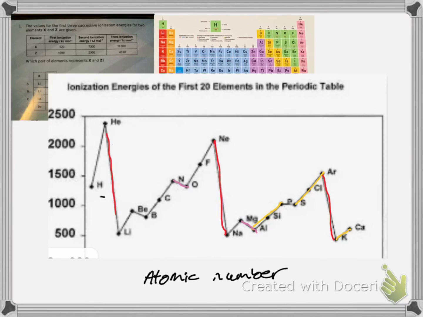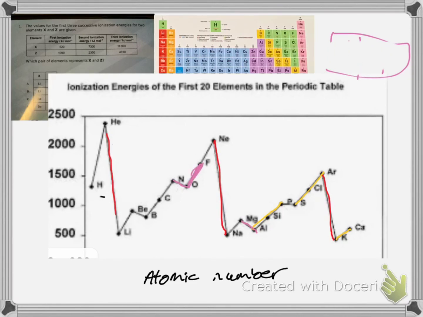Why this happens is that one of the 2p orbitals, one of the orbitals right here, gains a second electron before a regular increase again, right there.